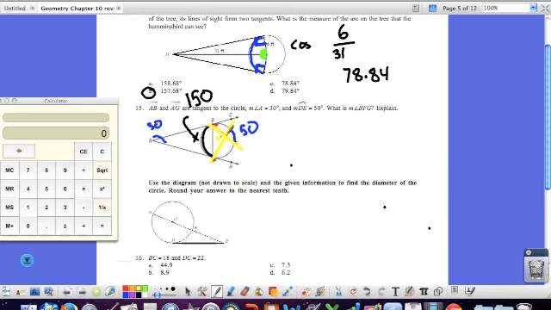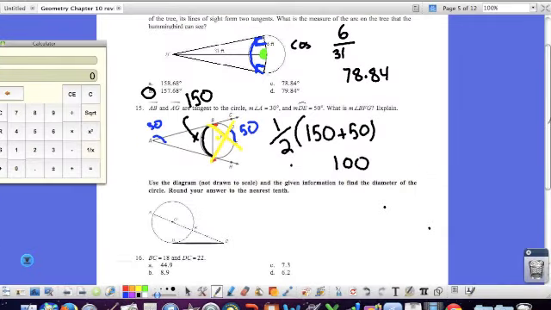Those angles, DFG, are formed by two arcs. Remember the formula for when they're created by chords that intersect inside the circle? You add the intercepted arcs together and take half of it. So 150 plus 50 is 200, and 1/2 of 200 is 100. So BFG is 100 degrees.